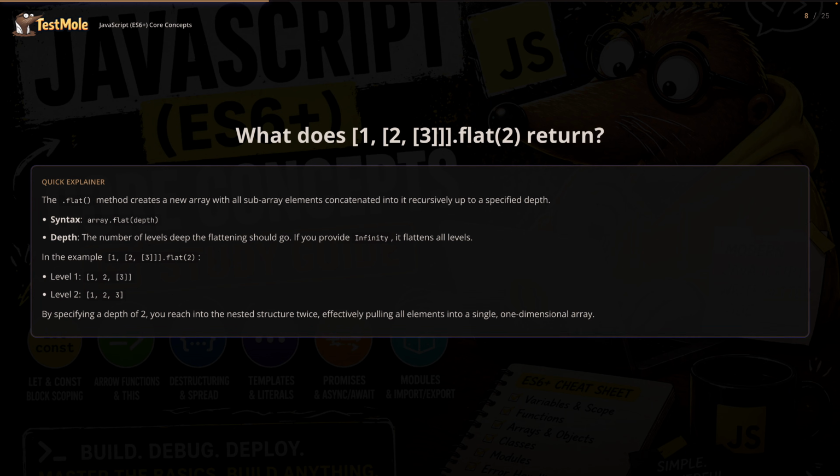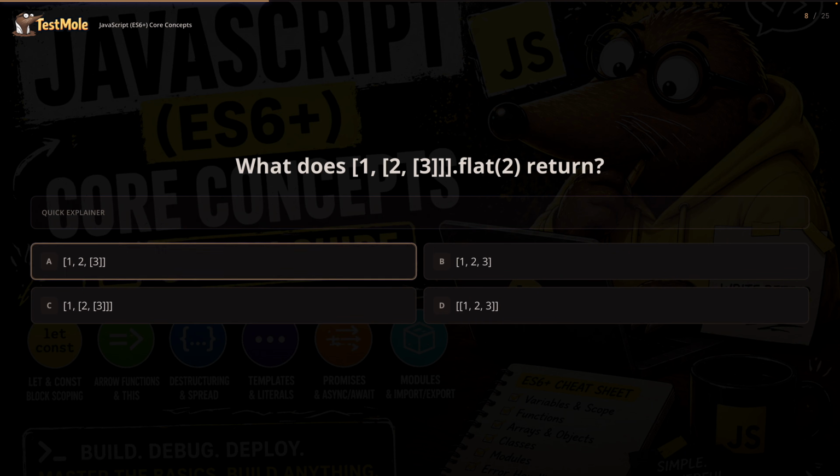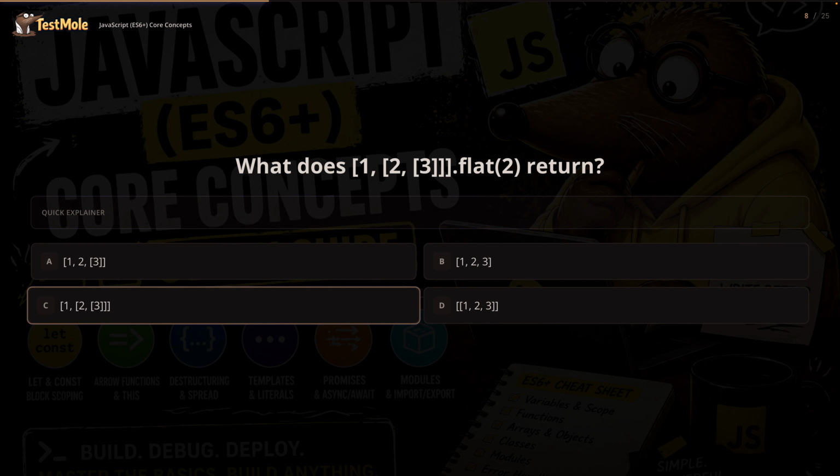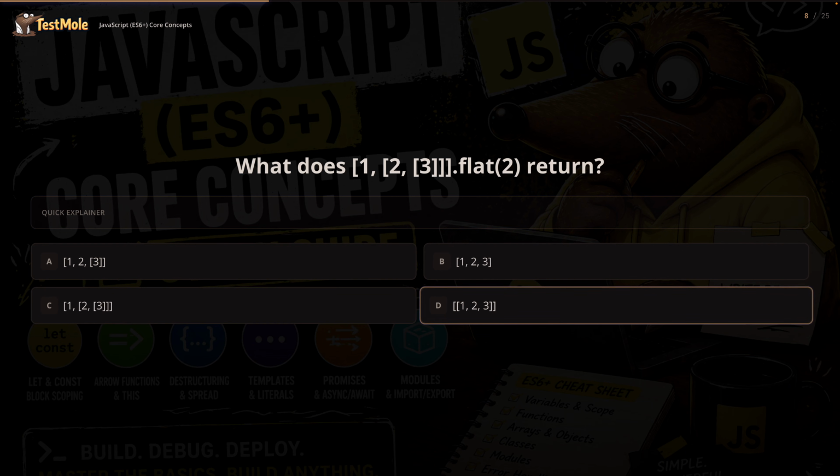In the example, level 1: 1, 2, 3. Level 2: 1, 2, 3. By specifying a depth of 2, you reach into the nested structure twice, effectively pulling all elements into a single, one-dimensional array. Choose between A, B, C, D.